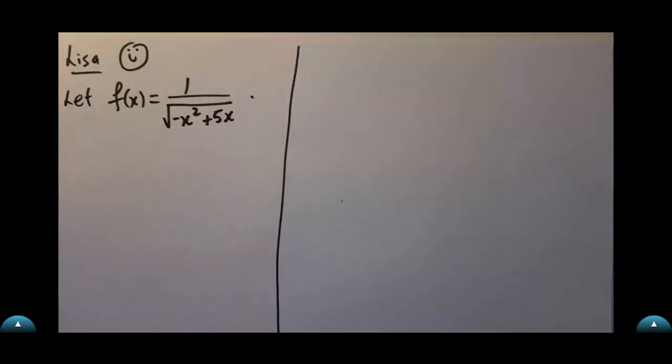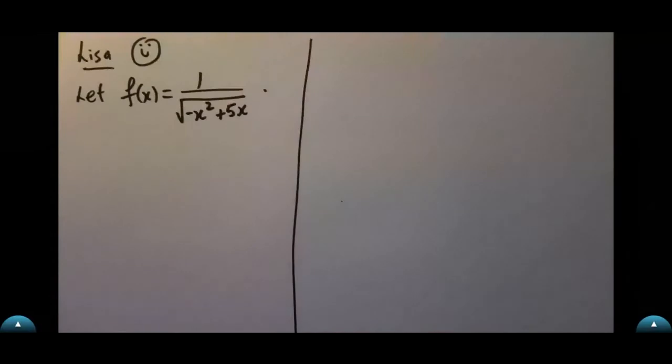Okay, so that's the function that we are interested in. And the idea is to compute the domain and the range. So let's do the domain and let's do the range.